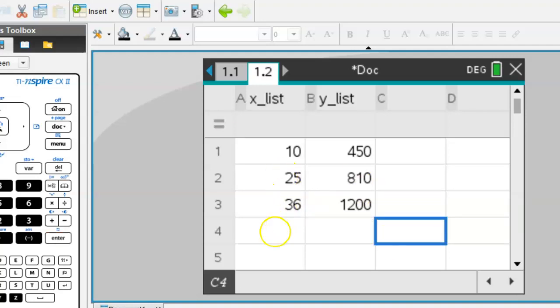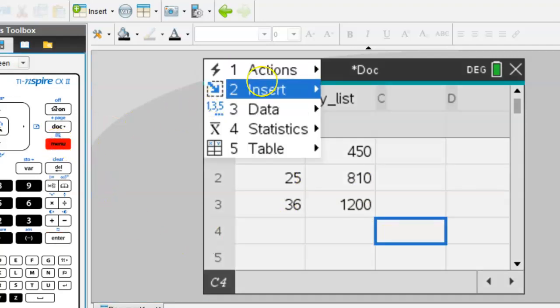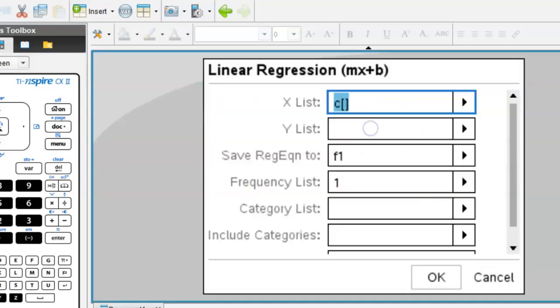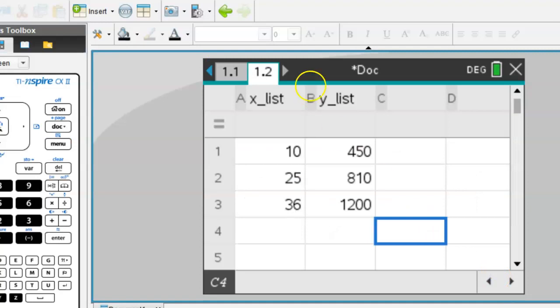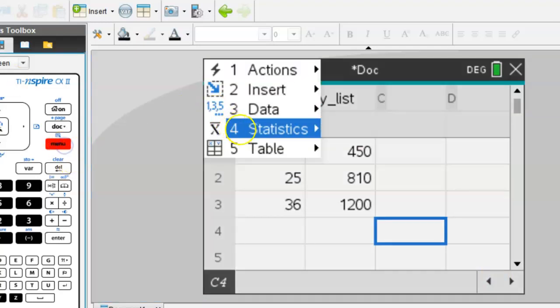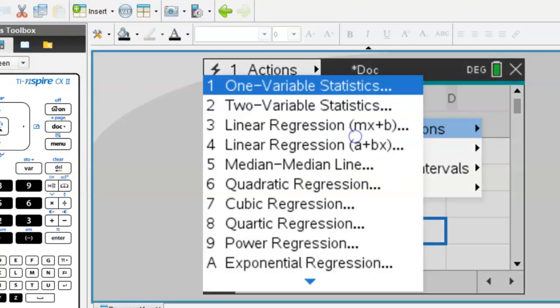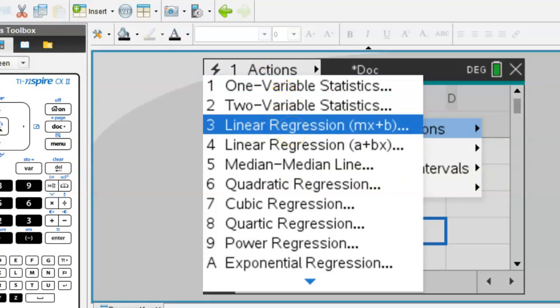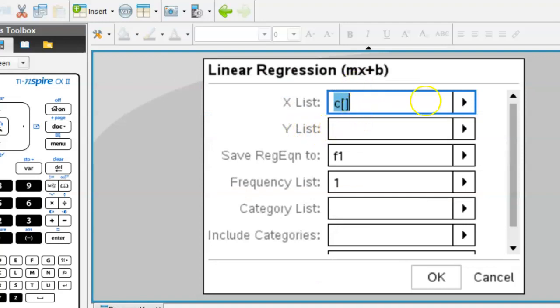To plot this on my GDC, I'm going to go to Menu, Stats, that's calculate, oops. Well, that was what I had to press anyways. Stats, Stats, Calculations, and you want a linear regression. And you want to use your X list for your Y list.